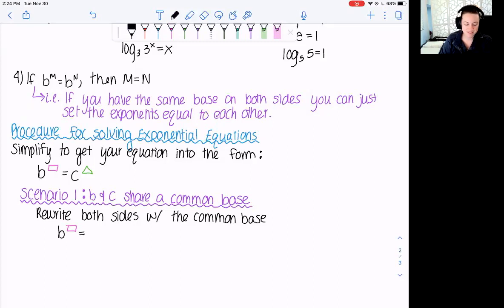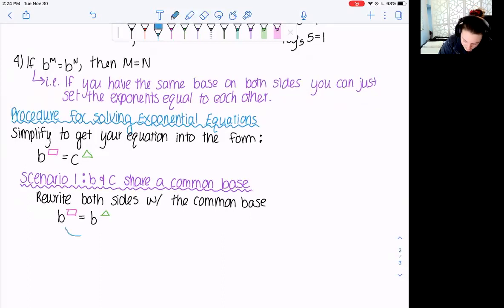All right. So the goal is to rewrite them with the common base. So now that they both have the same common base, you set the exponents equal to one another and solve.